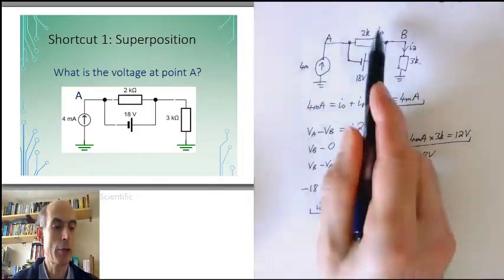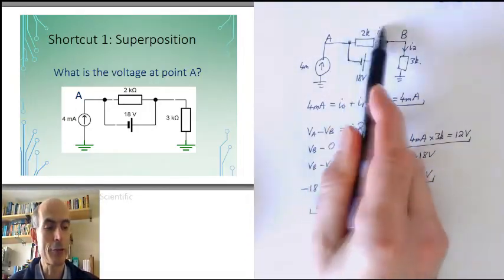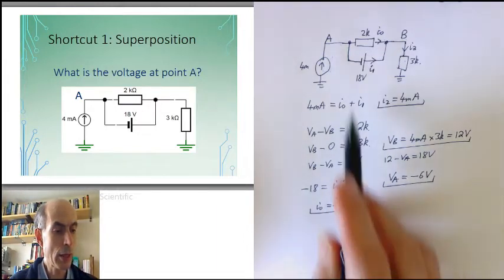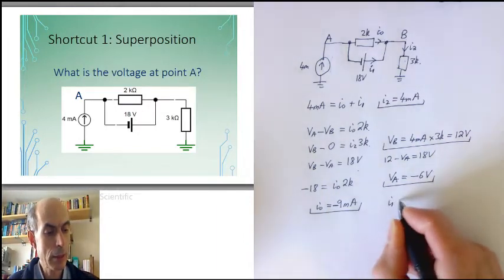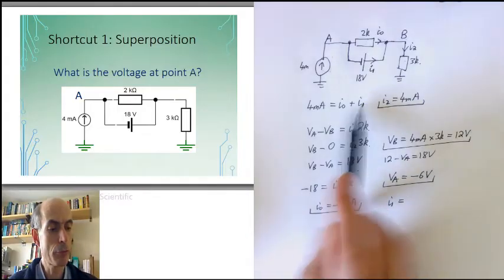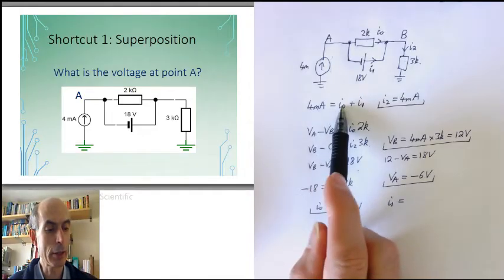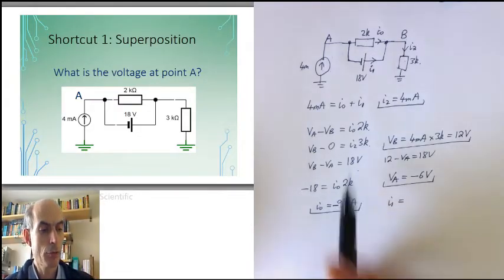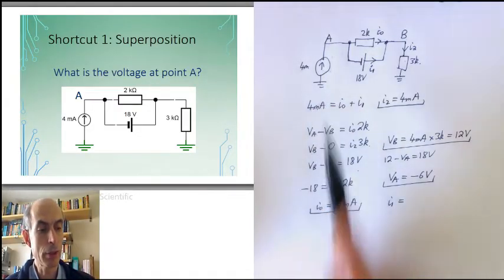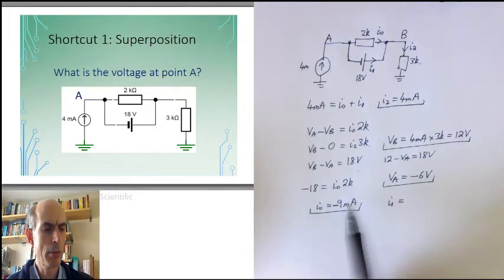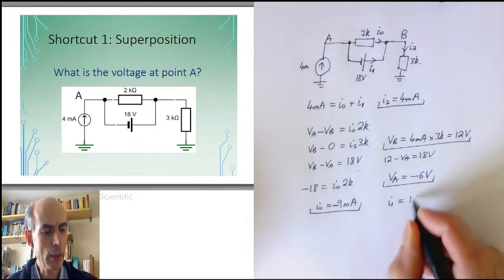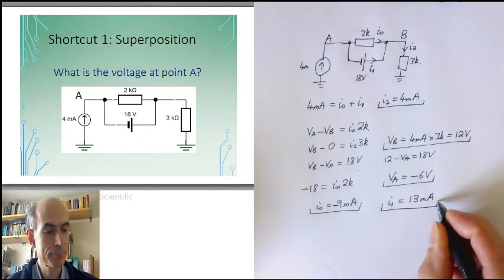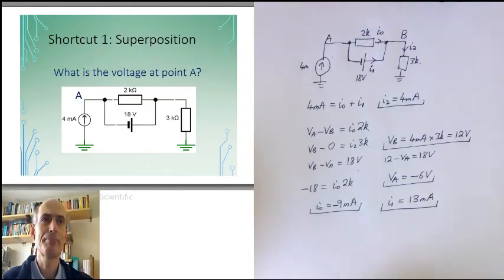Which means the current is actually flowing this way through the 2K resistor. And that just leaves us with I1 to find. I1 is given by 4 milliamps minus I0. Well, I0 is minus 9 milliamps. 4 milliamps minus minus 9 milliamps would be 13 milliamps. So I1 is 13 milliamps. And that's it. Solved.